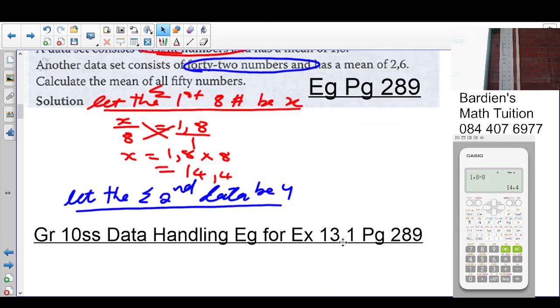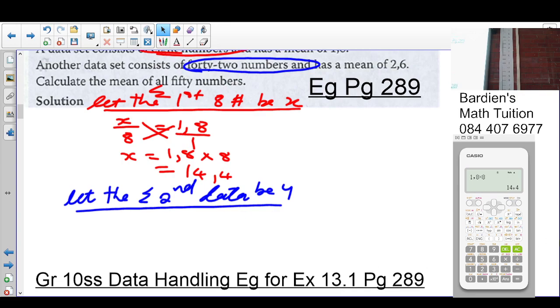So how do we do this part of the calculation? y over 42, because there are 42 numbers, equals 2.6. So what do I do now? Cross multiply.